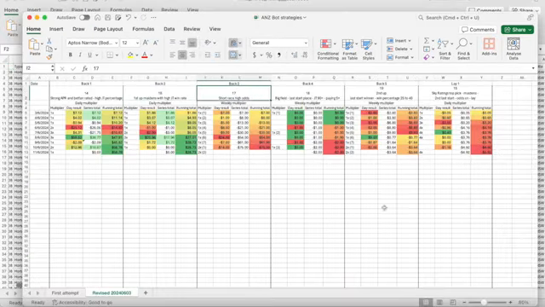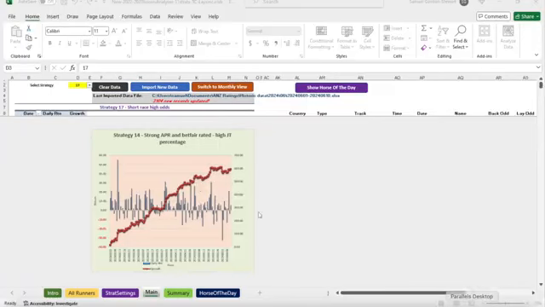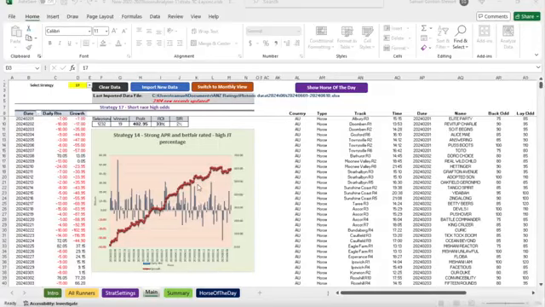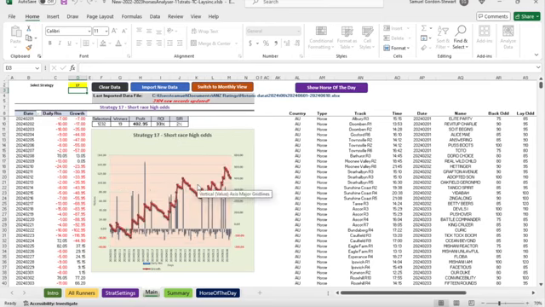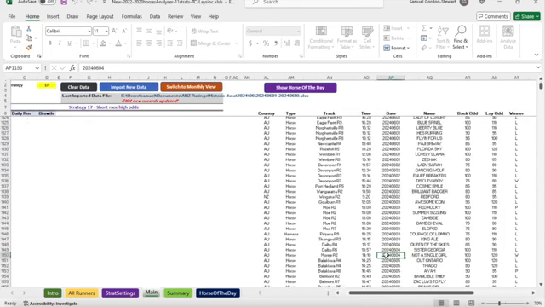Yes, my strategy 17, short race, high odds. This is still thinking. Here we go. All right, apologies for the little edit there. I just had a moment where I wasn't sure if this was the right strategy or not, but it is.